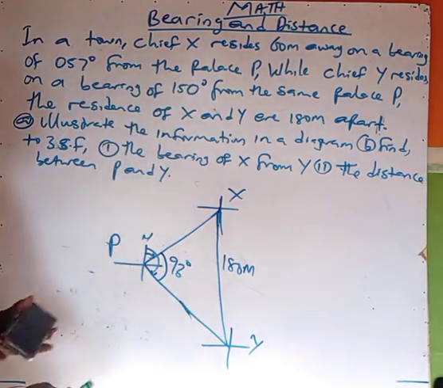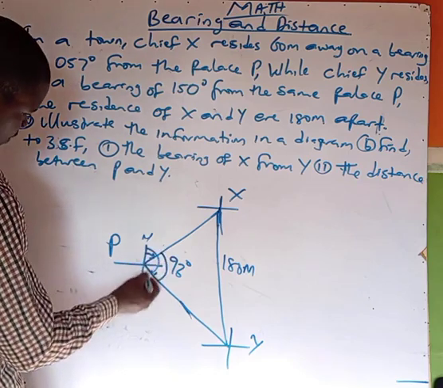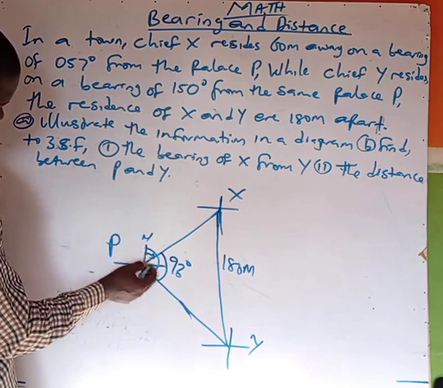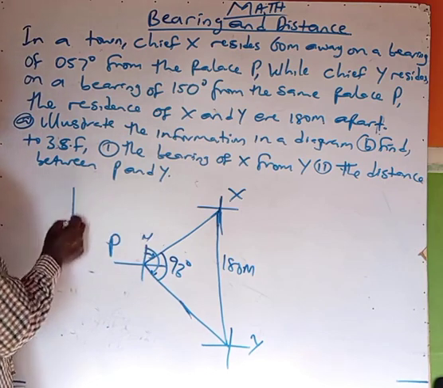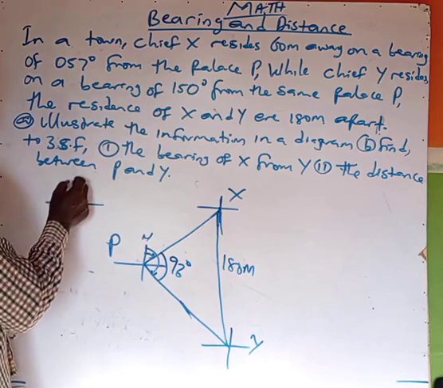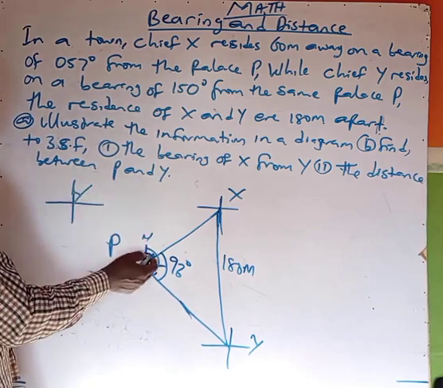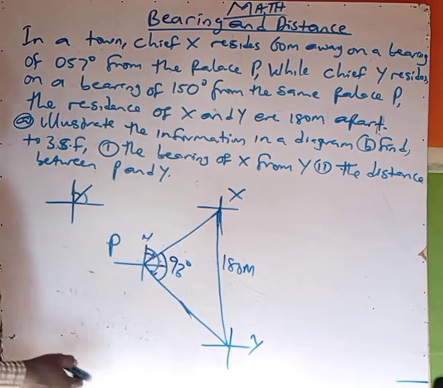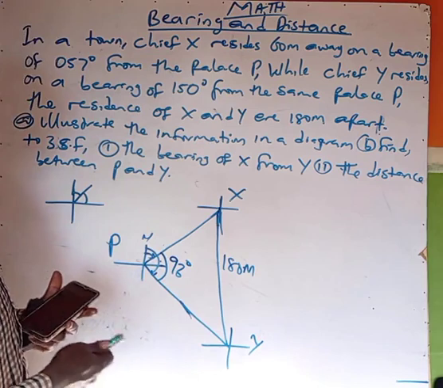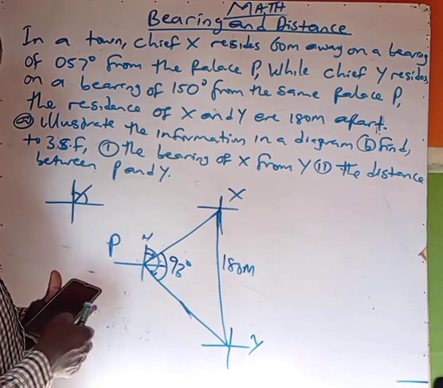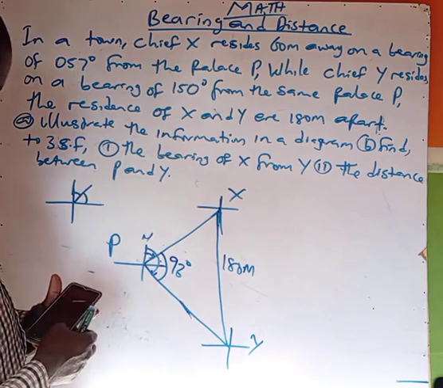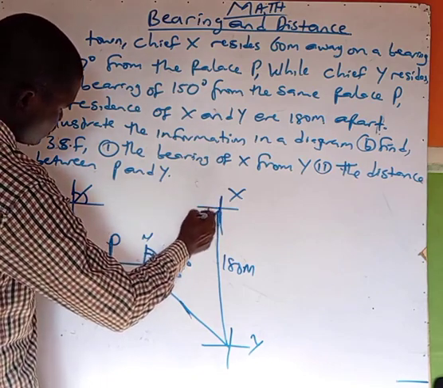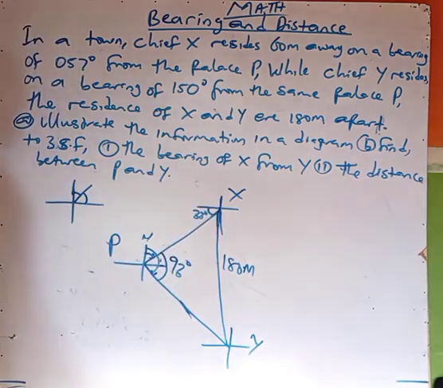What you are going to see again is that if this place is 57, consider the four cardinal points. This part is 57 here. So the remaining part here is going to be what? You have 90 minus 57. So 33. The remaining part here is going to be 33, which is alternate to this outside.